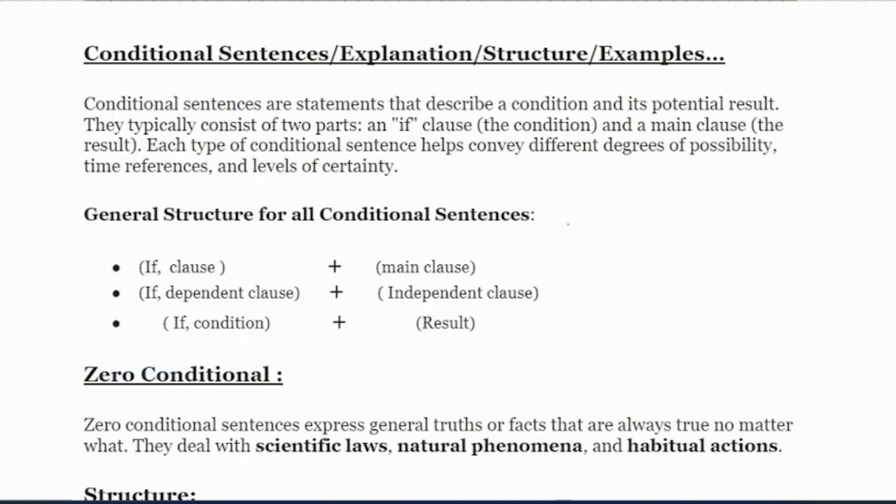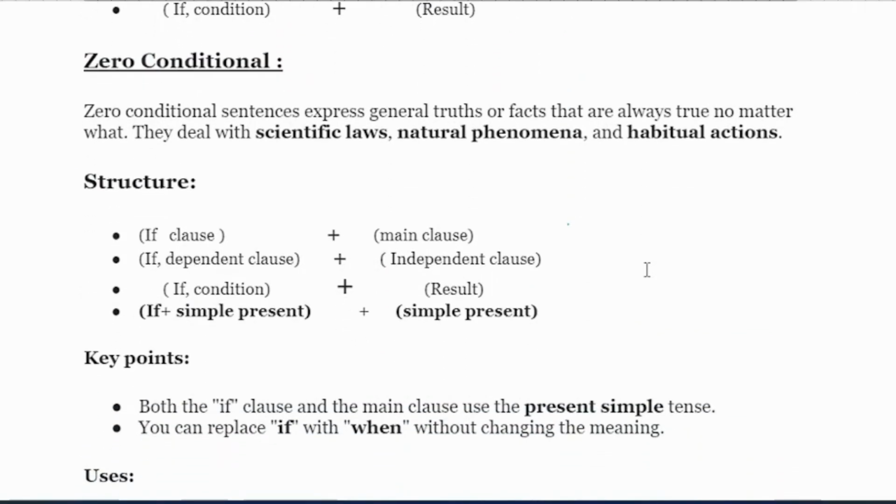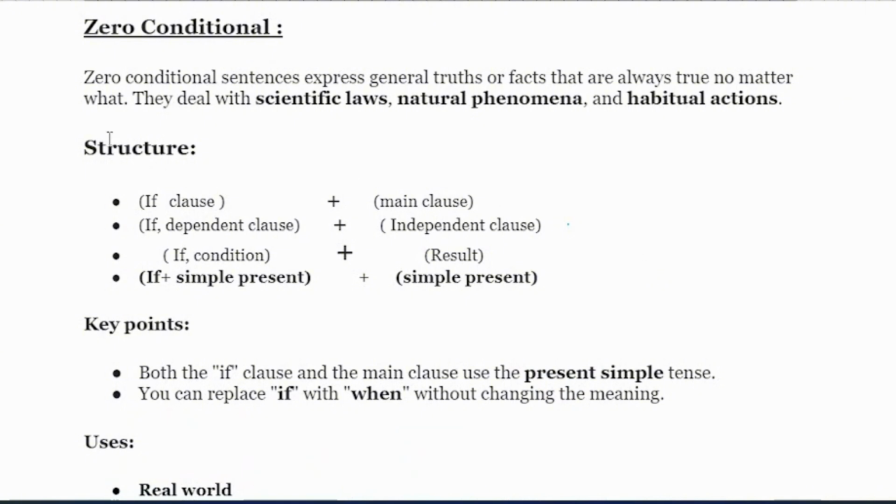Now we will move towards the first conditional sentence, the zero conditional: what is the basic definition, how can we use it, and where should we use it? Zero conditional sentences express general truth, or facts that are always true no matter what.